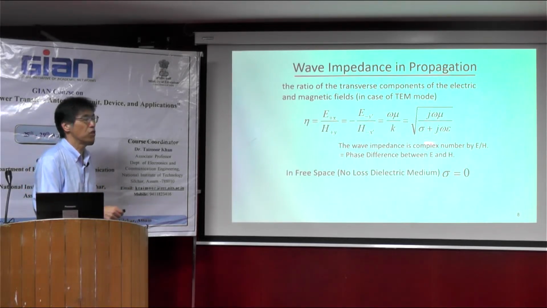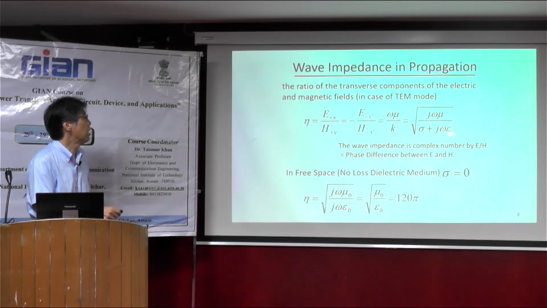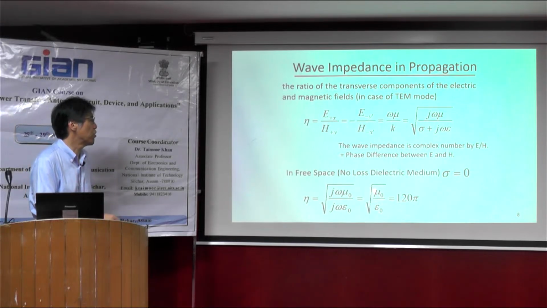So this equation can be changed to this formula. And additionally, epsilon and mu are equal to epsilon 0 and mu 0. It's a parameter in vacuum or free space.